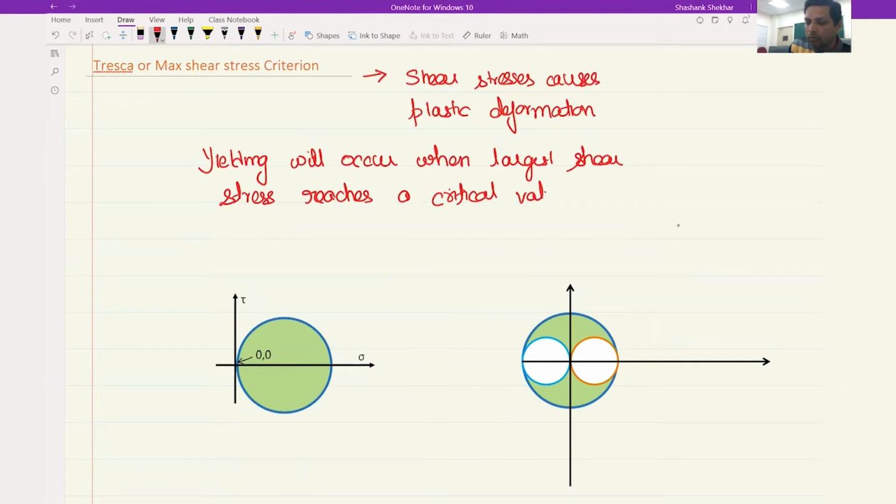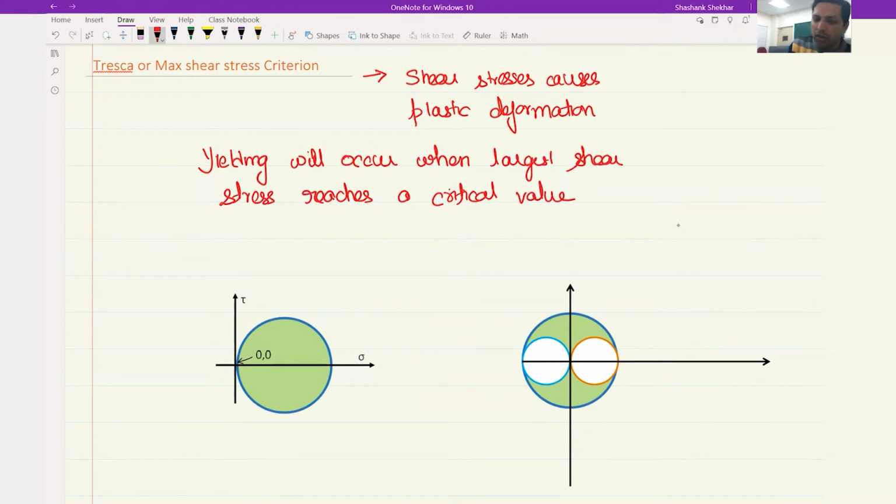And if you remember, in one place we showed that principal shear stresses can be expressed in terms of principal stresses. Of these three principal shear stresses, the maximum is (sigma 1 minus sigma 3) by 2. So basically (sigma 1 minus sigma 3) by 2 should reach some critical value.